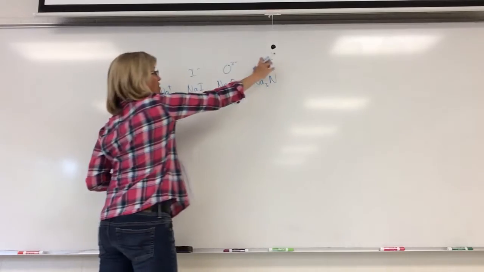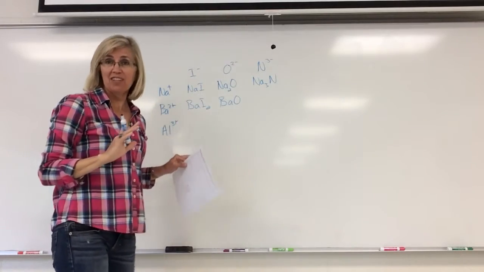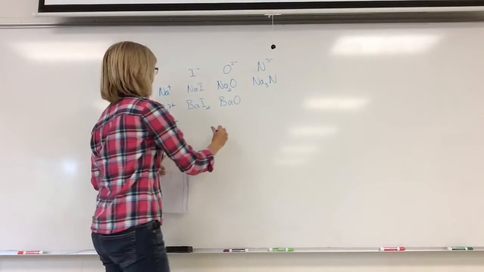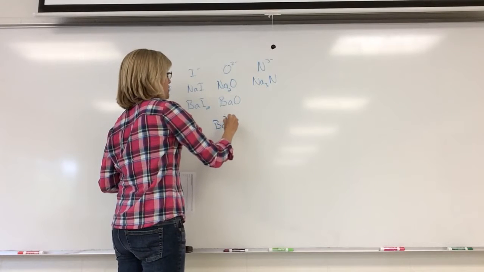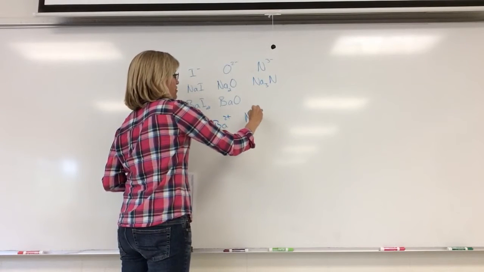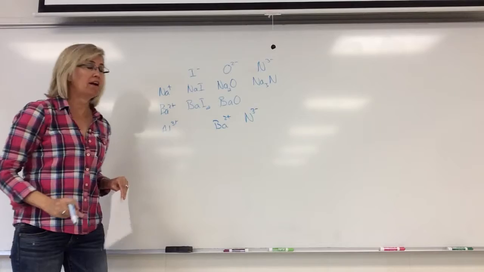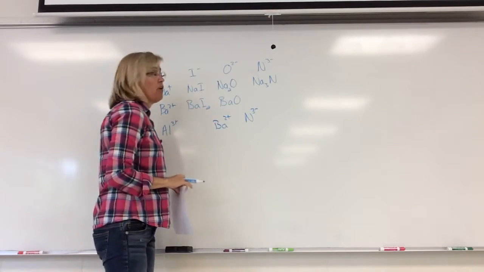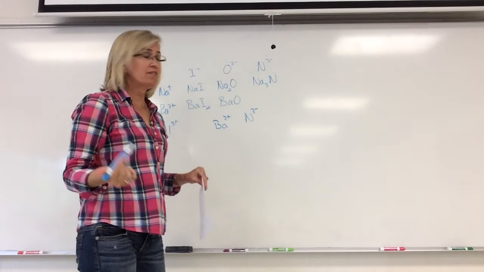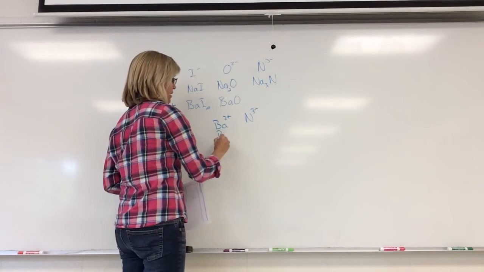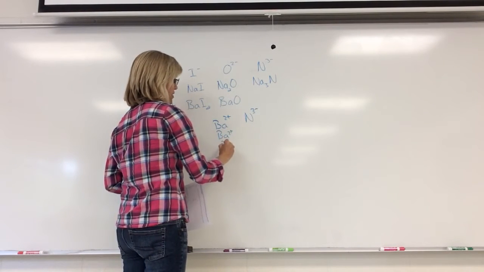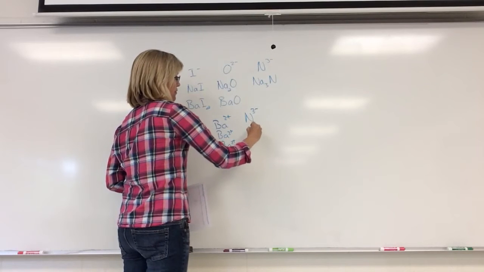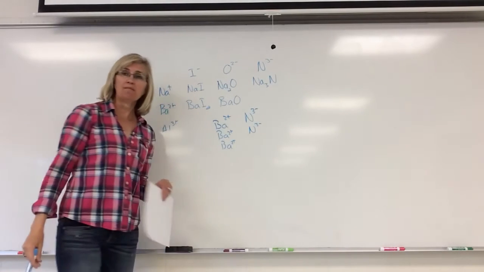Okay, and this combo is always the favorite because you got to do a little math. You've got a barium 2+, and you've got a nitride 3-. I've got to balance the charge. So saying what is the least common multiple of 6, well that means I would need 3 bariums for 2 nitrides, wouldn't I?